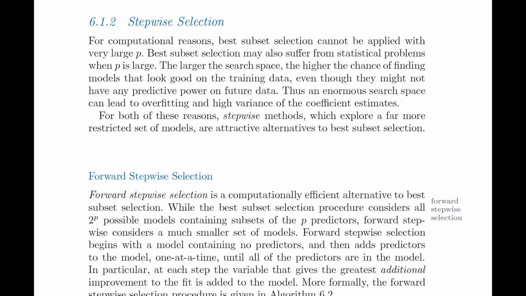And in fact, the book goes on to say, thus, an enormous search space can lead to overfitting and high variance of the coefficient estimates. And remember, what we want to avoid is overfitting. What we want is to reduce the variance of a model. There's always that trade-off, the bias variance trade-off. Okay.